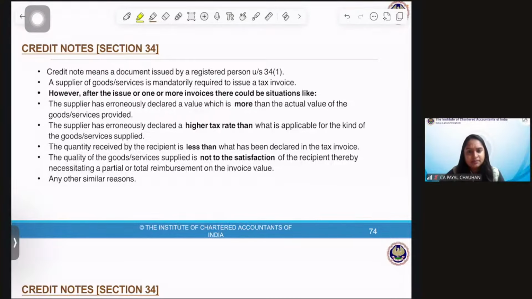Usually, they operate at a pan India level. Any other? This chapter is actually the base of time of supply. The complete time of supply is dependent upon invoicing.